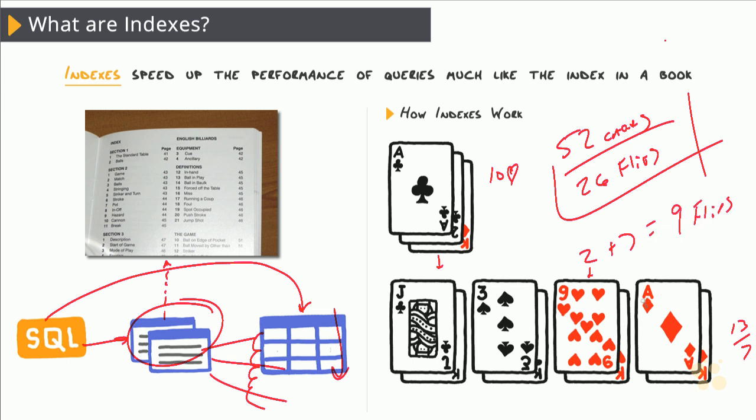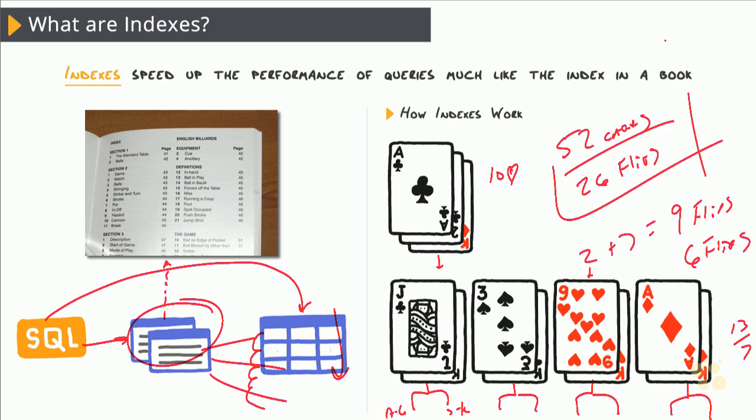Far more efficient than scanning the entire deck, which would on average take us 26 flips. And you could take this by breaking it down even further, right? And so we could put ace through 6 on this side, 7 through king on this side for each one of these, and that would even further reduce us to 6 flips.